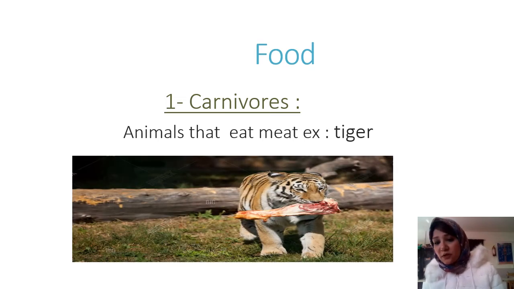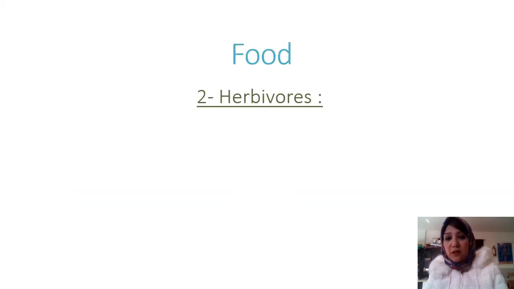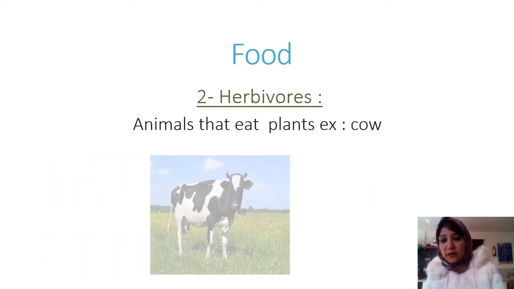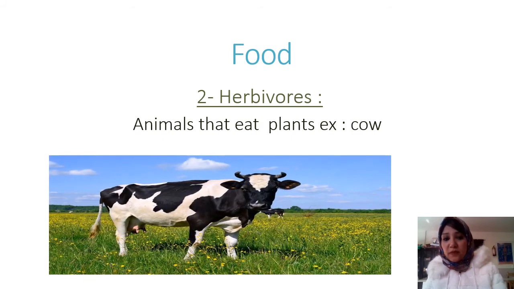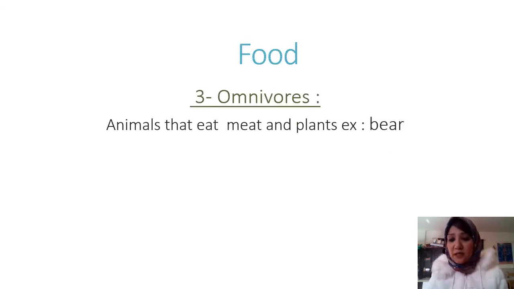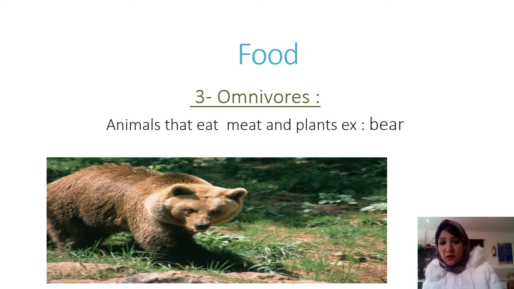Herbivores are animals that eat plants, like cow. And omnivores are animals that eat both meat and plants, like what? Like bear. So we have three types of animals.